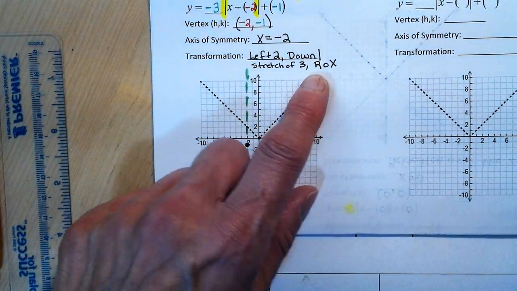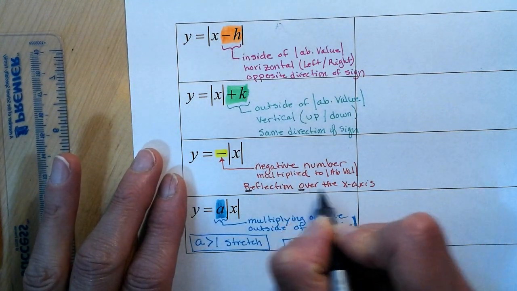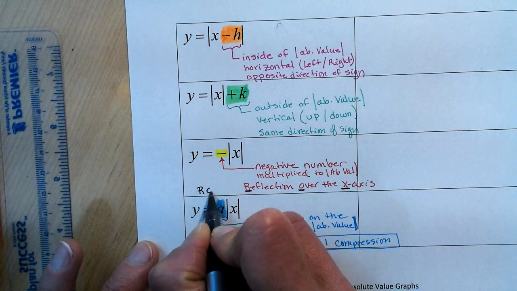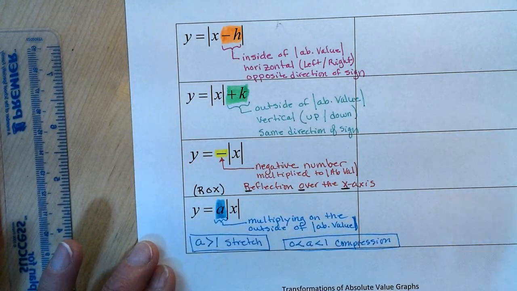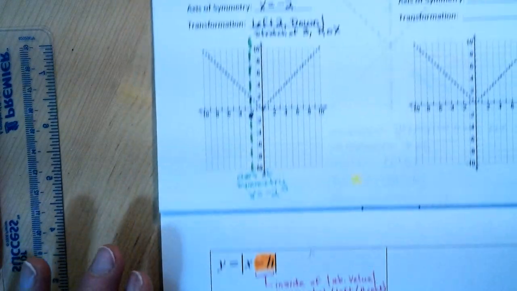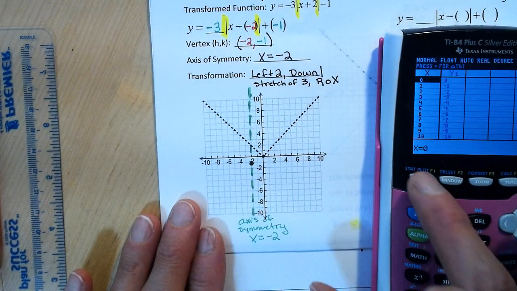That's what rocks means, okay? And in fact, down here, the reflection over the x-axis. That's where I get rocks. Okay, so that's what that abbreviation is. Okay, so let's go ahead and let's just graph this.